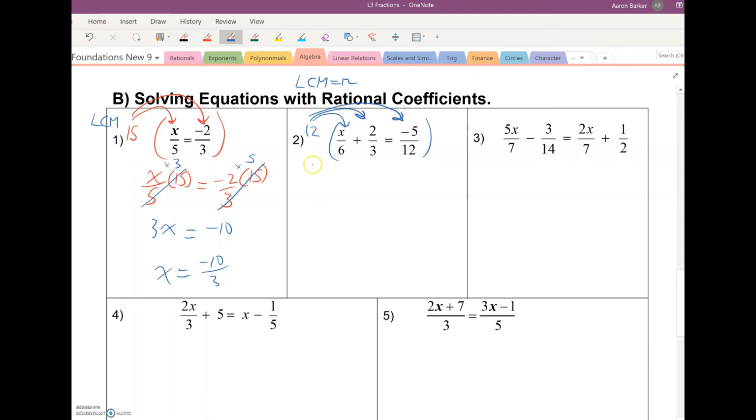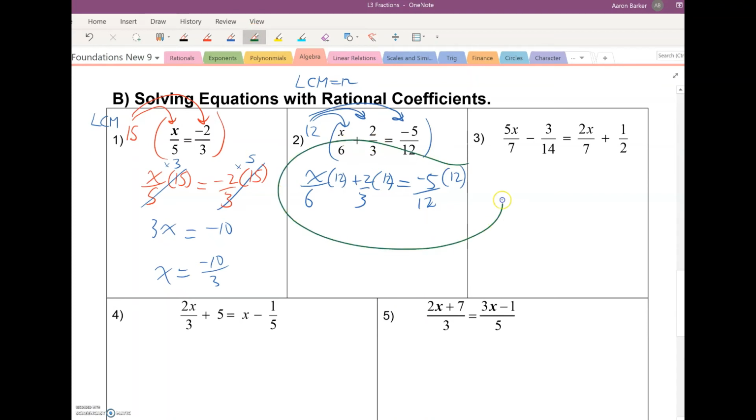There you go. So that's x over 6 times 12 plus 2/3 times 12 equals negative 5 over 12 times 12. Now, I'm going to show you in the next one that often we just start right here.